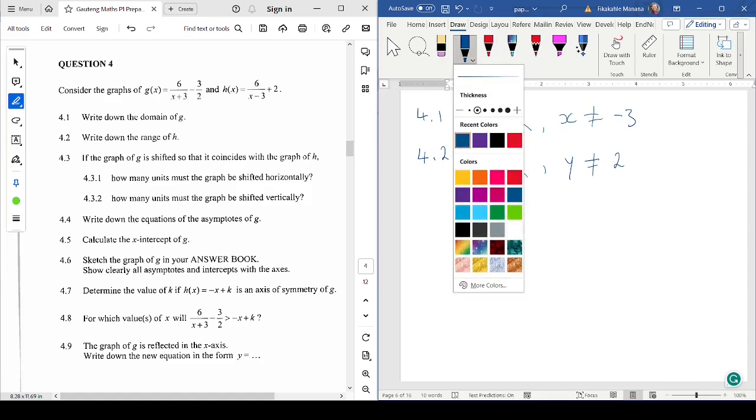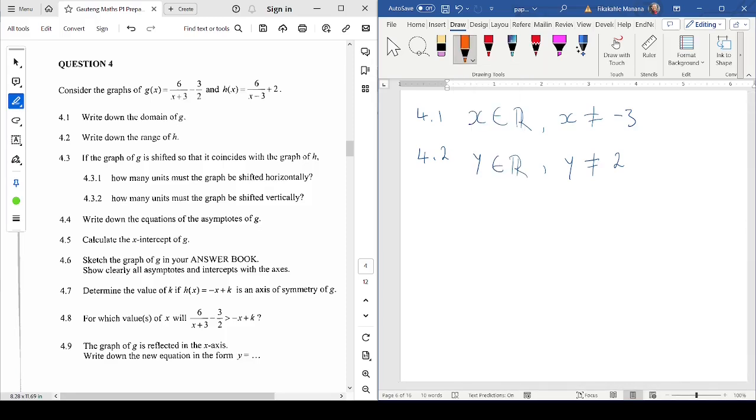Now let's look at question 4.3. If the graph of G is shifted so that it coincides with the graph of H, how many units must the graph be shifted horizontally?